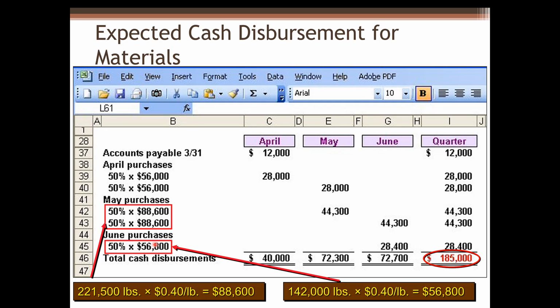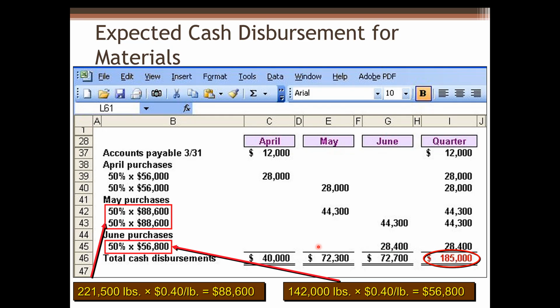For June purchases, materials to be purchased are 142,000 pounds multiplied by 40 cents, and then we get total purchases in dollar amount in June of 56,800. In June, half will be paid, so 28,400 will be paid.